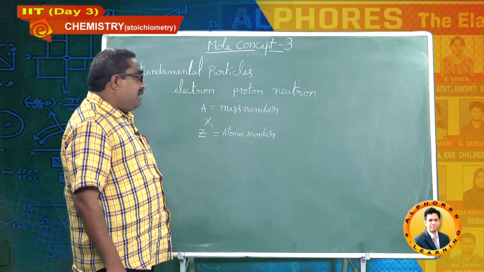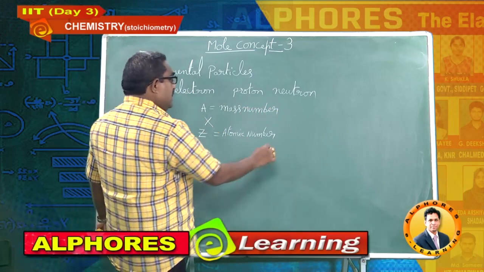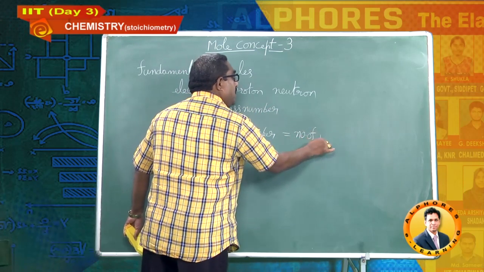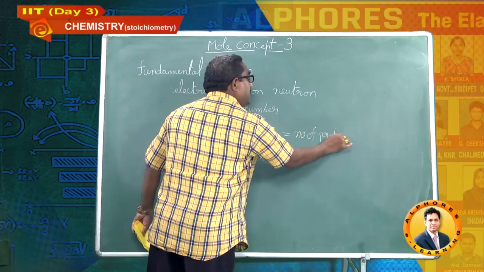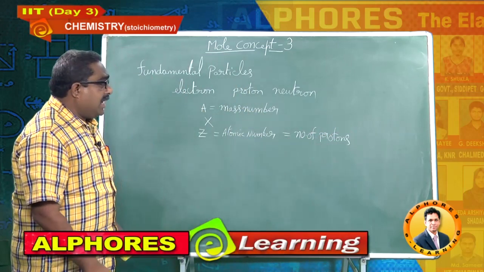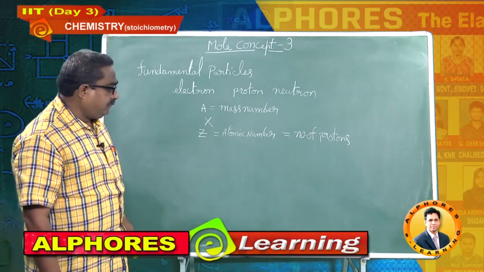What exactly is the meaning of atomic number? It is nothing but the total number of protons present inside the nucleus of an atom of an element.